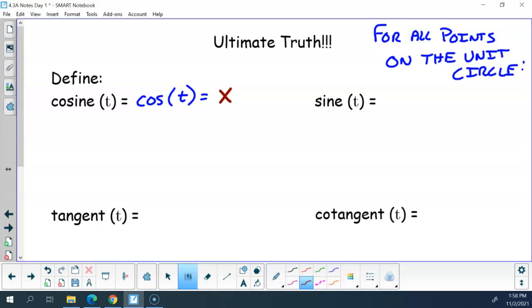The sine of my angle is going to be the y value.